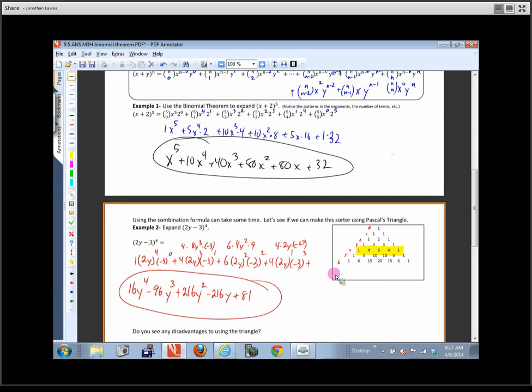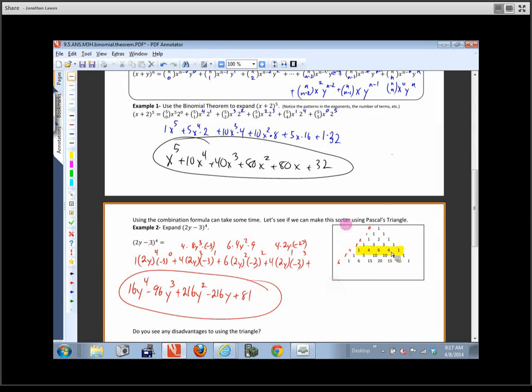We couldn't make the 8th row without knowing the 7th row and so forth. So if I were going to do something that was raised to the 12th power, I would need to build Pascal's triangle all the way down to the 13th row. Does that make sense? That doesn't work very well, okay?